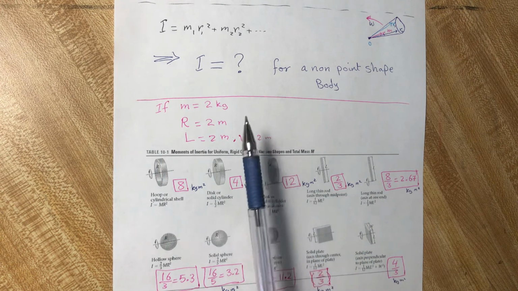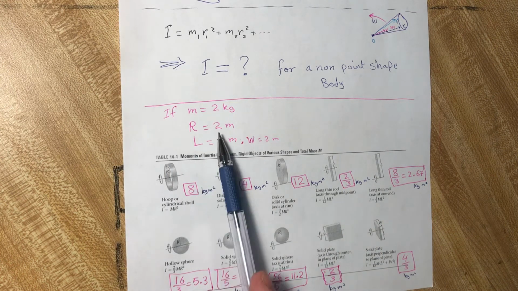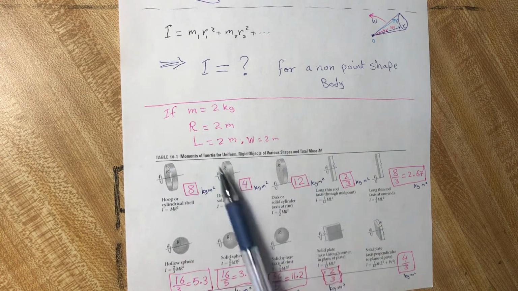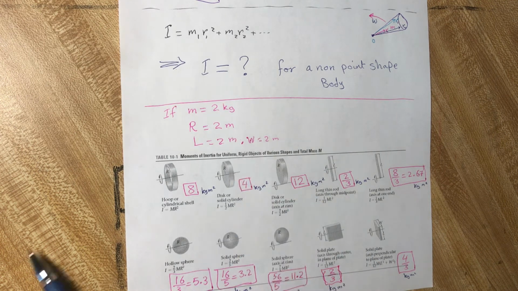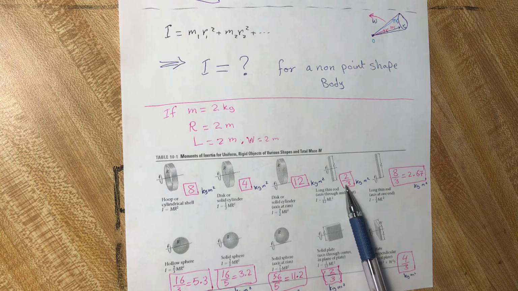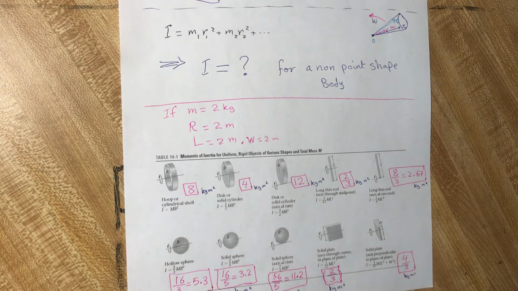Let us take a simple example. If the mass of each one of them is 2 kilograms, the radius of the spherical or cylindrical shapes is 2 meters, and the length or width of the solid plate or the rods is also 2 meters, we need to find the moment of inertia for each of them.